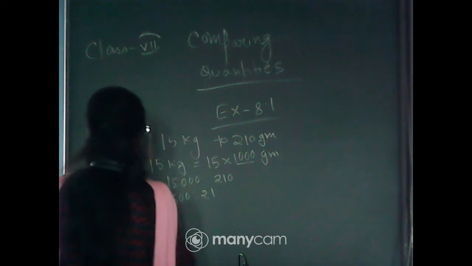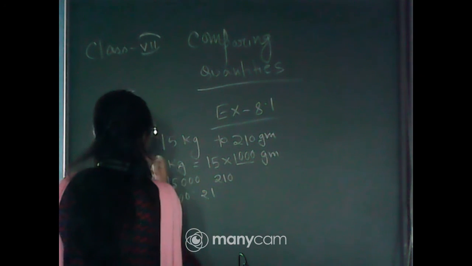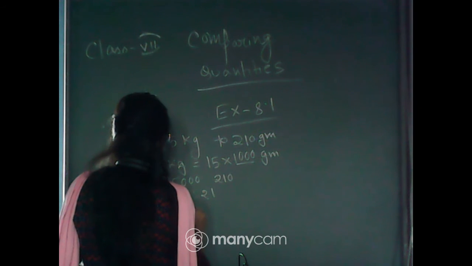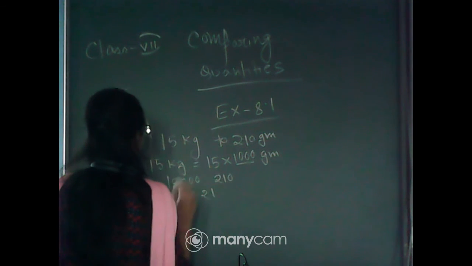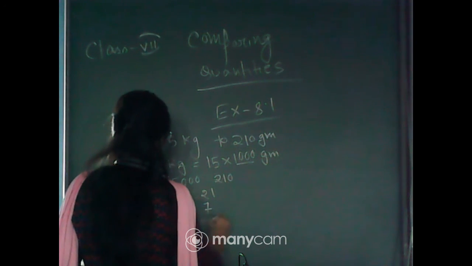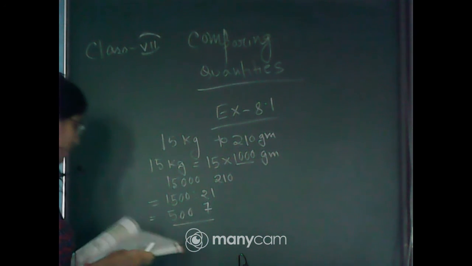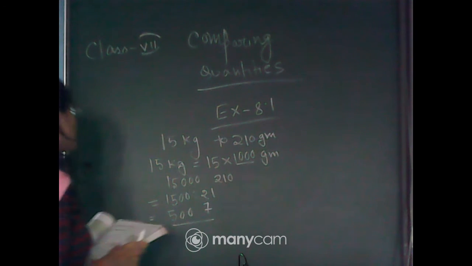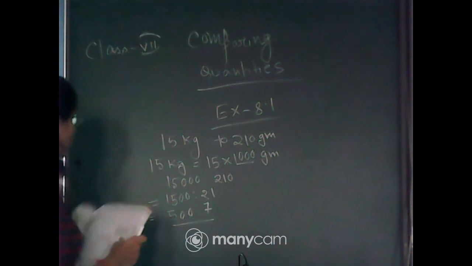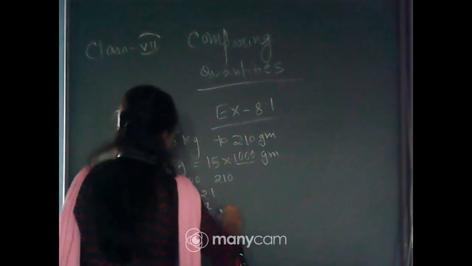Now we divide this by 3 and we get 500 is to 7. Therefore, the required ratio is equal to 500 is to 7. And this is the simplest form.